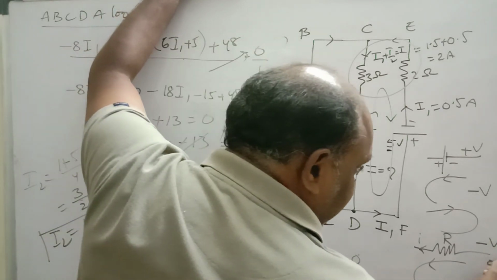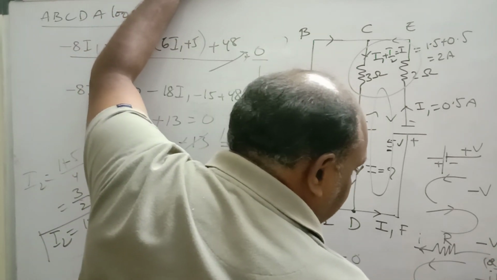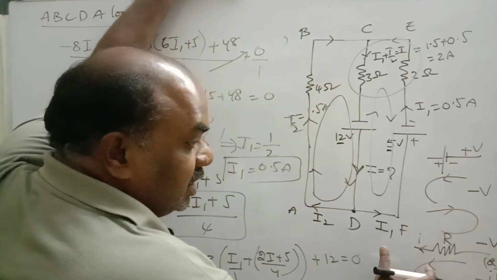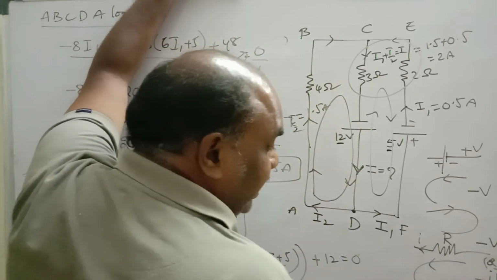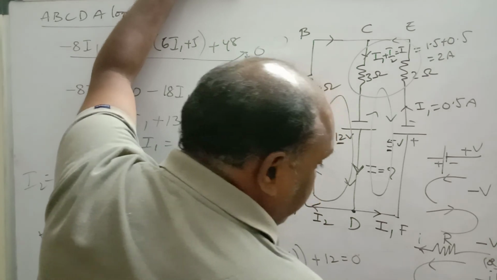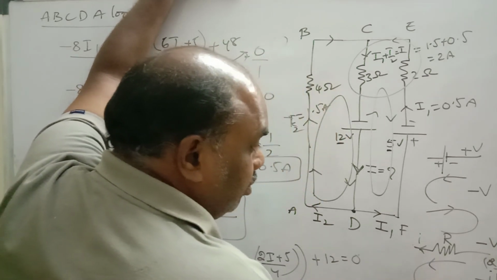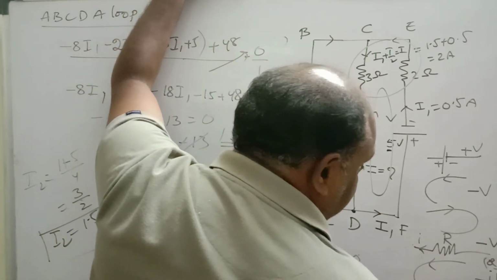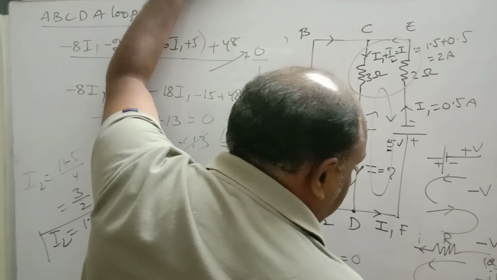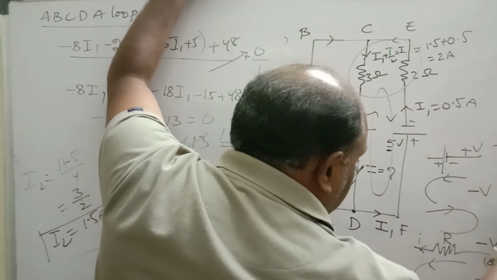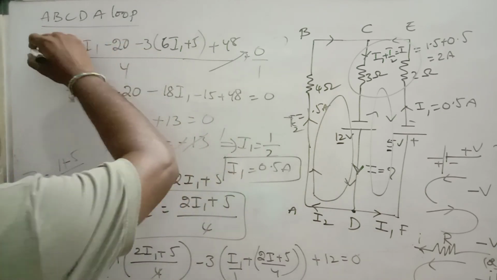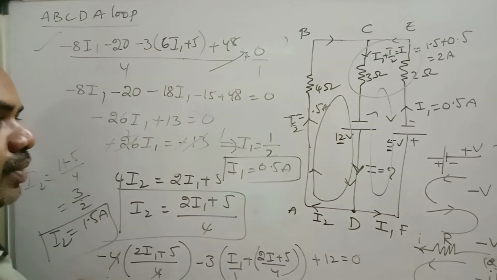Voltage we cannot find directly, so apply Ohm's law, V is equal to IR. If current direction and loop direction both are same, take negative symbol. Suppose current direction and loop direction both are opposite, take voltage of the resistance as positive, simply plus IR. If you remember these 4 rules, any problem you can do very easily.